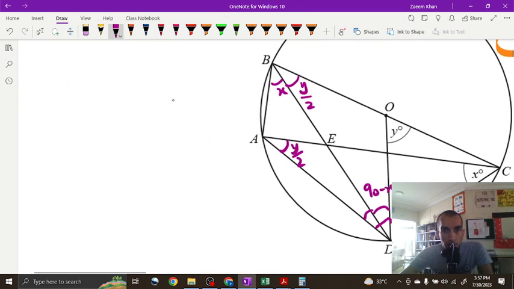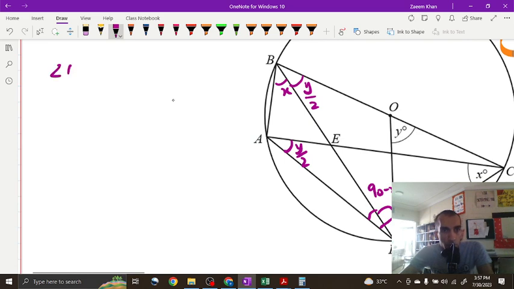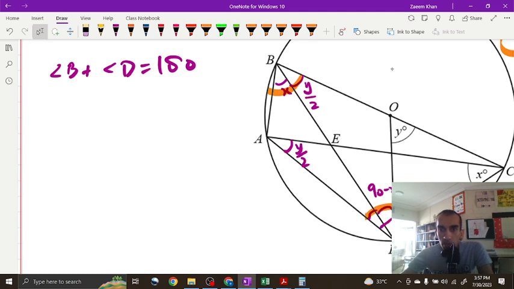You essentially said that angle B plus angle D is equal to 180, and that made sense because this entire angle is going to add up to this entire angle. 1, 2, 3, 4. A, B, C, D. Makes sense.